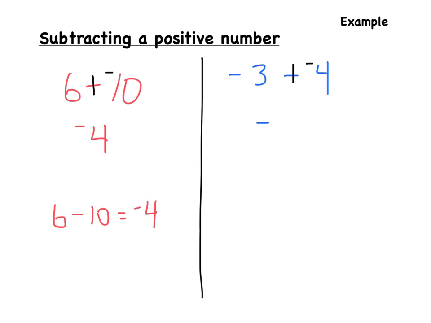So all we have left to do is 3 plus 4, which is equal to 7. So our final answer is negative 7. If we want to rewrite it, negative 3 minus 4 is equal to negative 7.